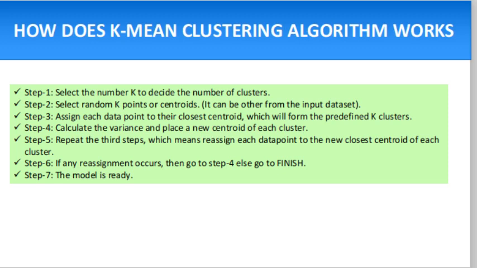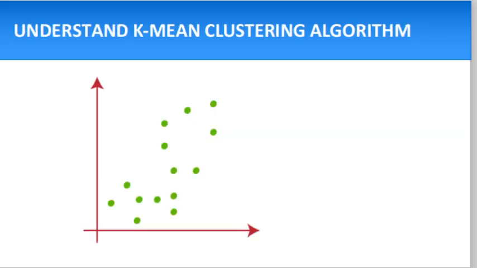Calculate the variance and place a new centroid for each cluster. Repeat the third step, which means reassign each data point to the new closest centroid of each cluster. If any reassignment occurs, then go to step 4, else go to finish. The model is ready.